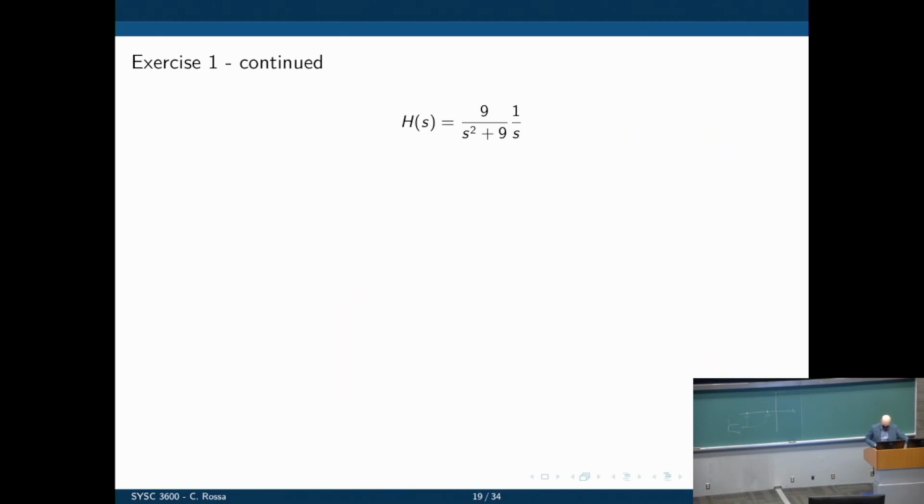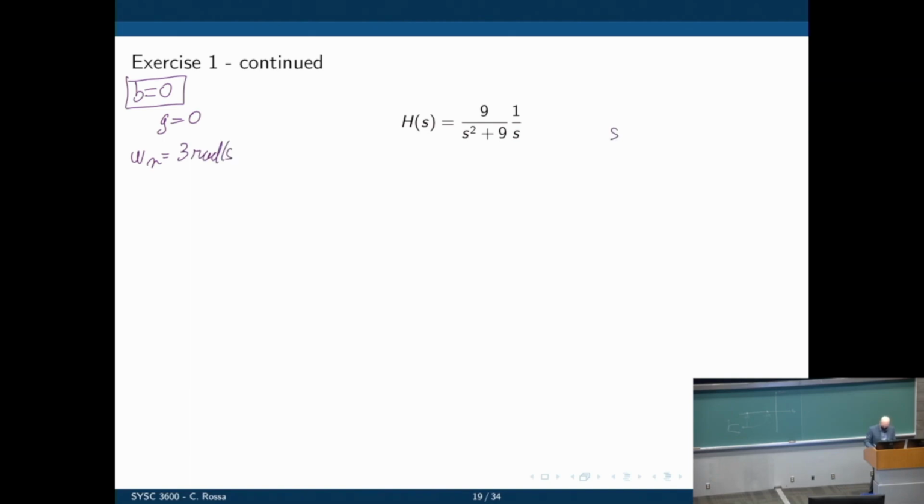Okay. Next case, we have B equals 0. B equals 0, no damping, the coefficient of viscous friction is 0. We simplify the equation to this. So zeta is 0, 2 zeta omega n equals 0, and we still have omega n equals 3 radians per second.